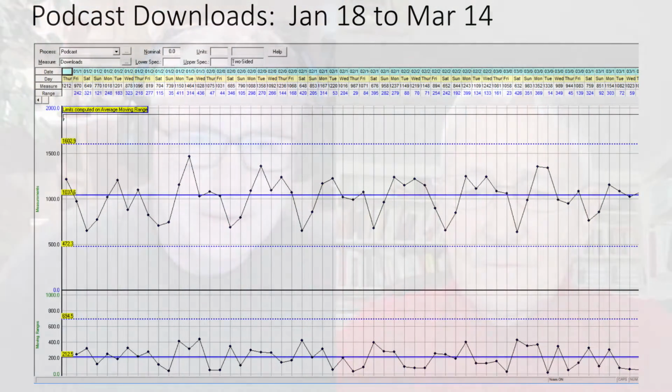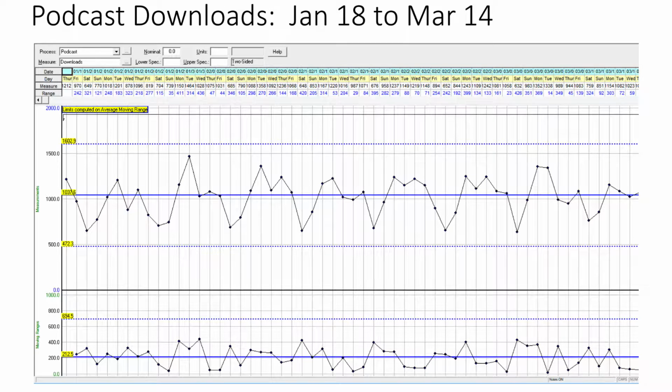So tell me a little bit about these data, and I've got the first chart up, and tell me what we're looking at. What we're looking at in the first chart, podcast downloads from January 18 to March 14. What we have are daily values of podcast downloads.